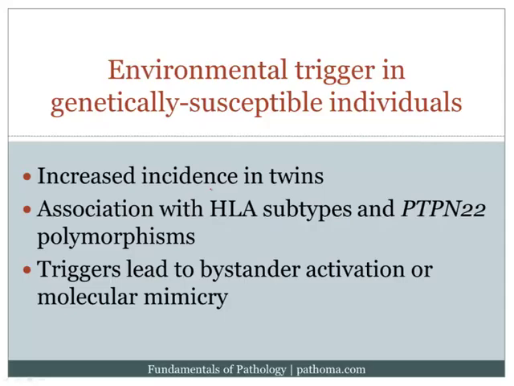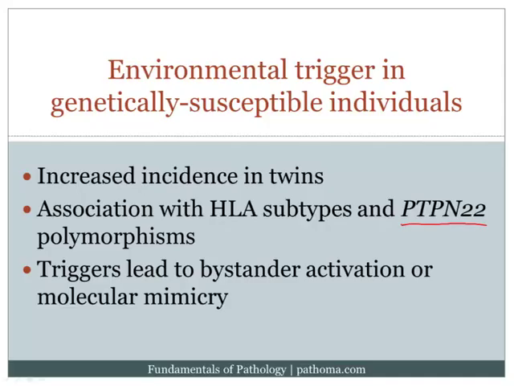When you look at non-HLA genes, one of the strongest associations, or perhaps one of the genes that's most frequently linked to autoimmunity, is a gene called PTPN22. And so polymorphisms of PTPN22 are also associated with autoimmunity. Now, PTPN22 is actually a tyrosine phosphatase, and the polymorphisms result in a gain of function which decreases the signaling necessary for tolerance.